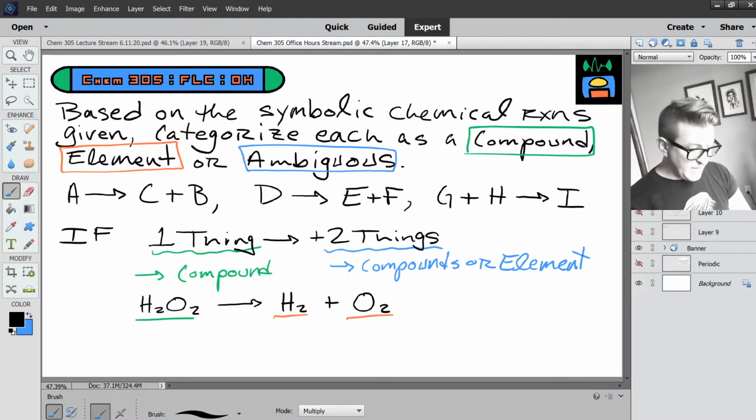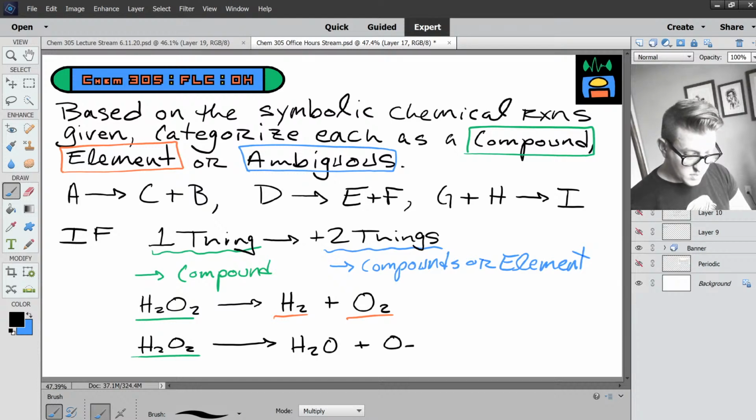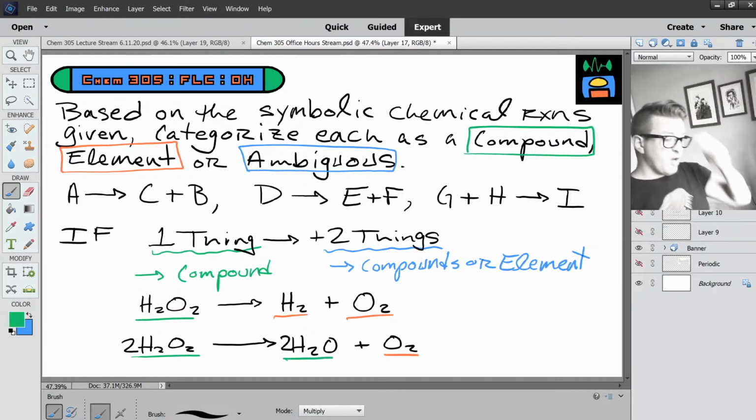You could also have a reaction where hydrogen peroxide, for example, breaks down into water plus oxygen. And here, oxygen is an element, but water is a compound, all right?